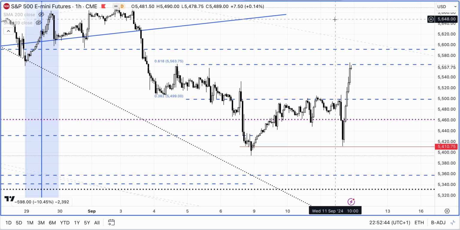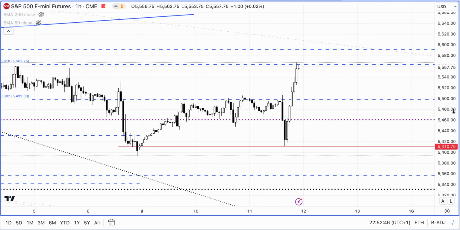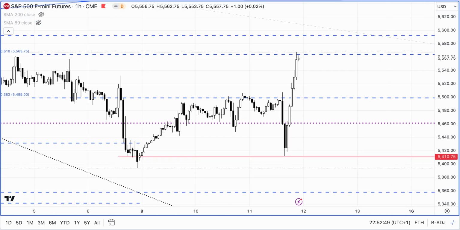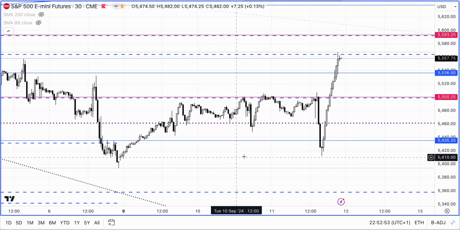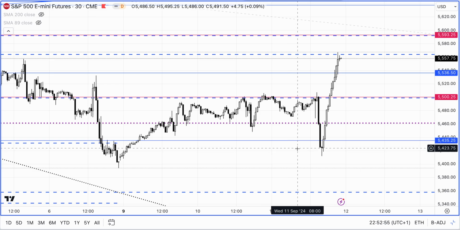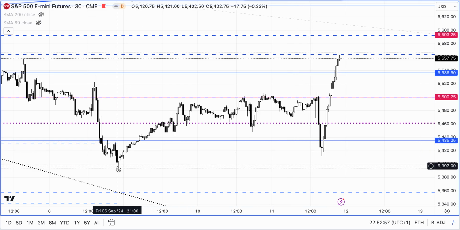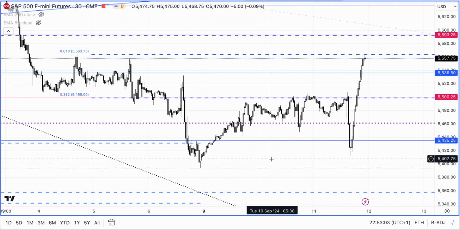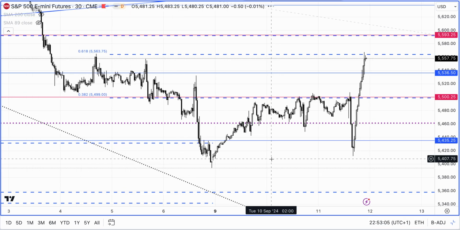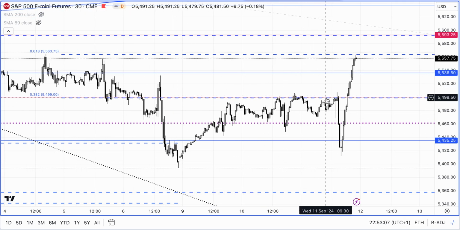So if you just focus on this price action, let me go down to a 30-minute chart. Here we go. So we have more price action to take a look at. So today the market opened, and since yesterday, in fact since the 8th of September, the market has been rallying, and it has rallied quite a bit.